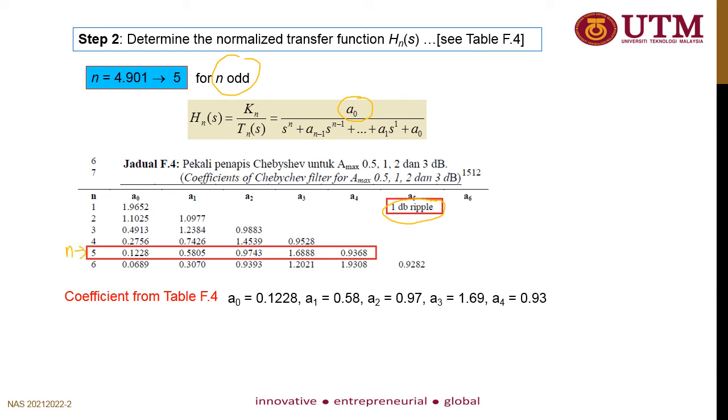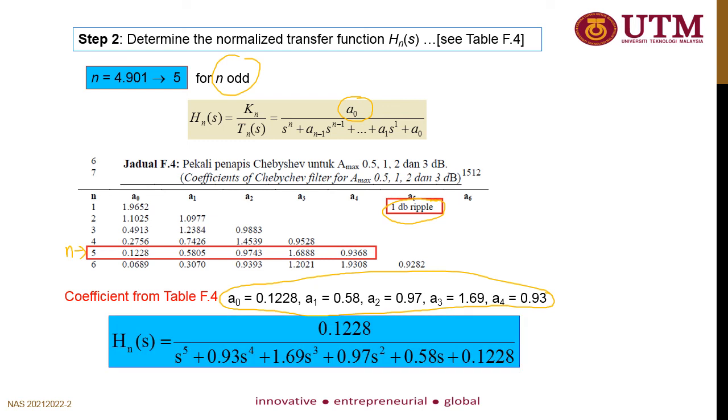Please list down all a values before you put the values into your equation. So this is the normalized transfer function. Your normalized transfer function equals a naught divided by s to the power of 5 in this case, plus a4 s4 plus a3 s3 plus a2 s2 plus a1 s plus a naught.